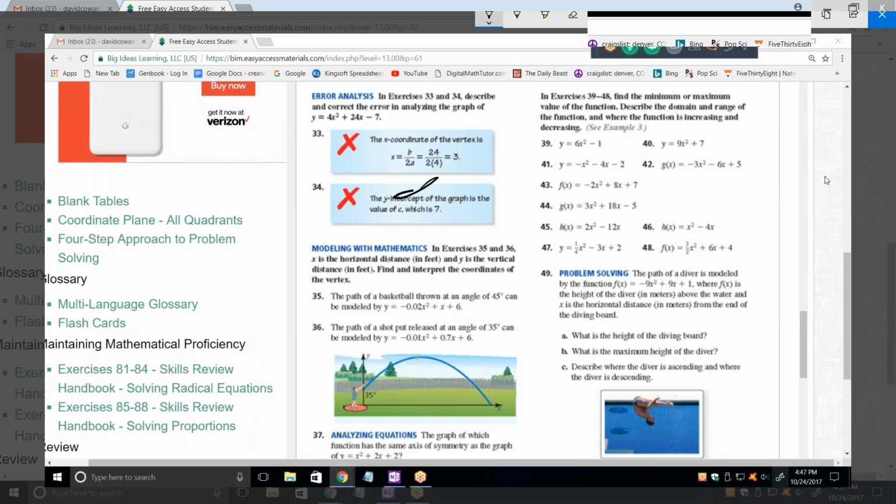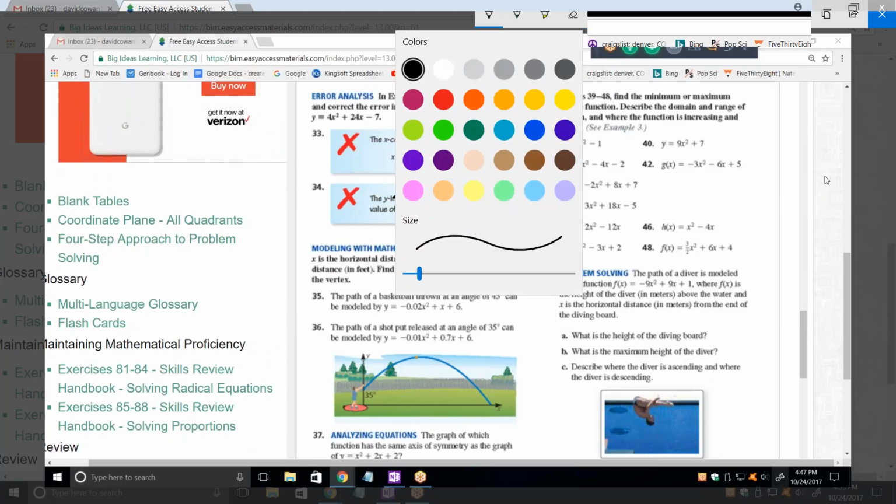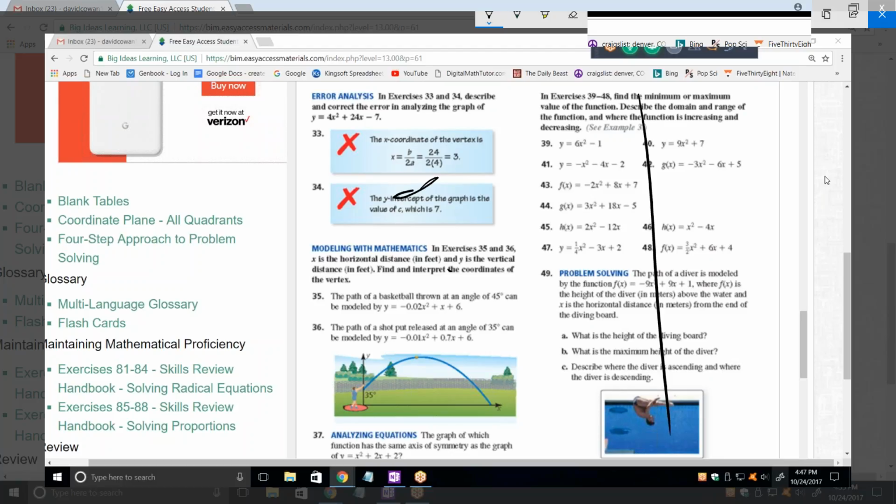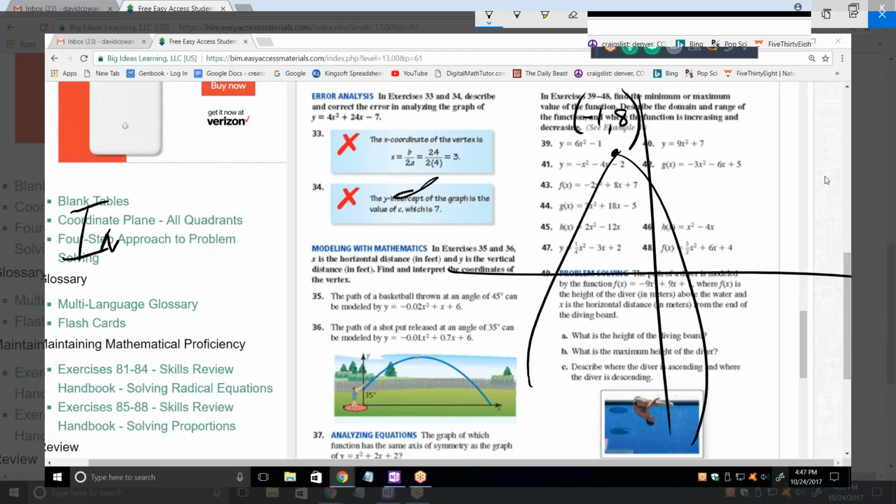Hold on a second. It's minus 1/8, right? Yeah. So in interval notation, where is it increasing? From where to where?